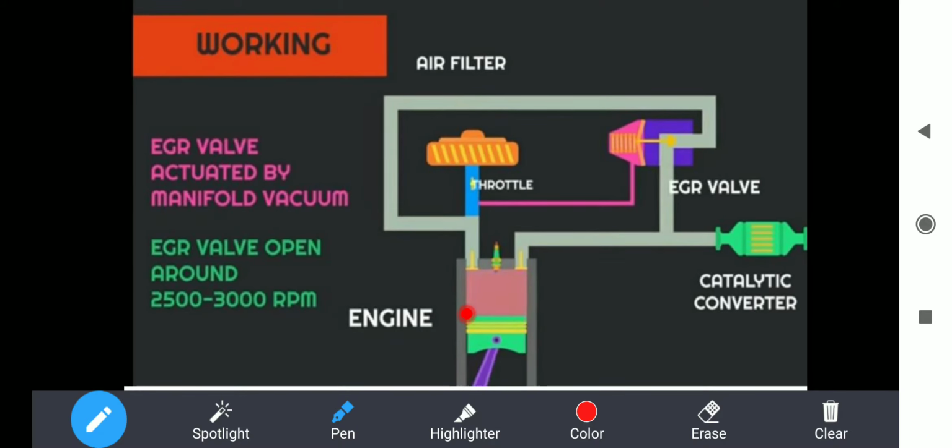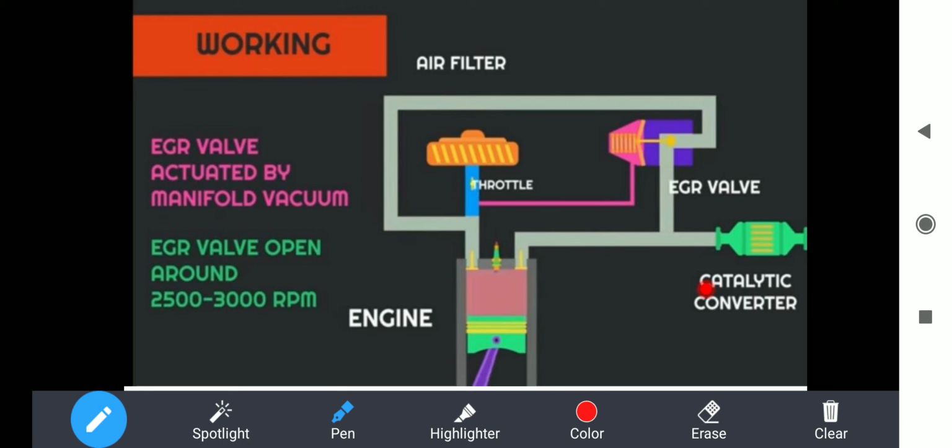So see, the EGR valve is actuated by manipulated vacuum, and it also opens around 2000 to 2500 to 3000 rpm. When this valve works, it releases the carbon dioxide.